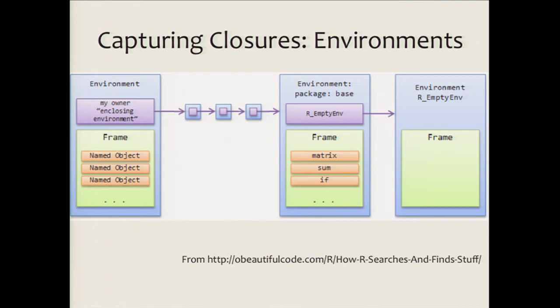There's this environment concept in R. An environment in R is simply a mapping between variable names and variable values, and each environment can optionally have a parent environment. When R does a variable lookup, it looks at the environment of that variable, and if it cannot find anything, it walks up this environment chain.